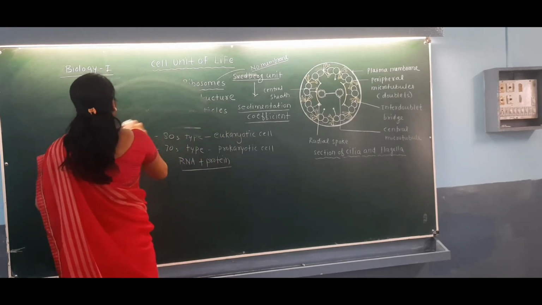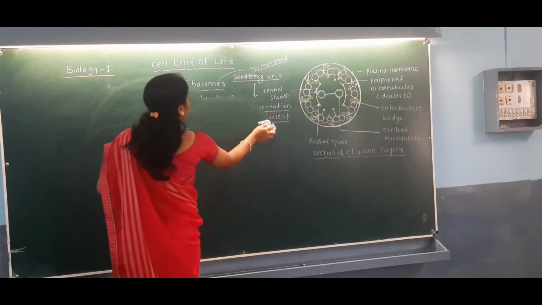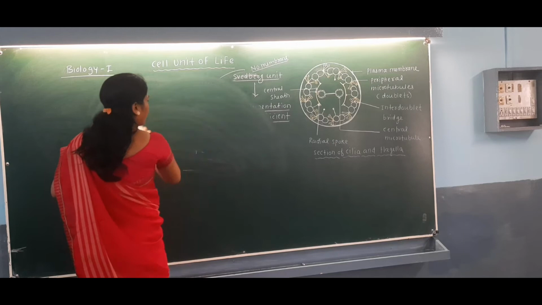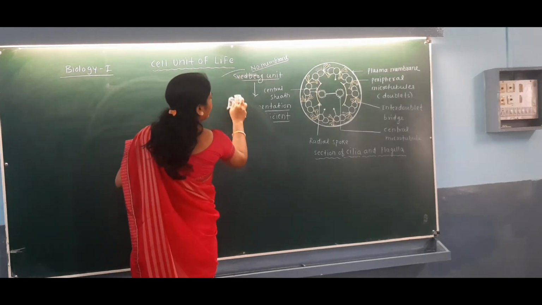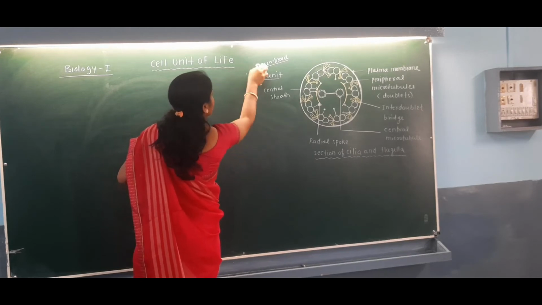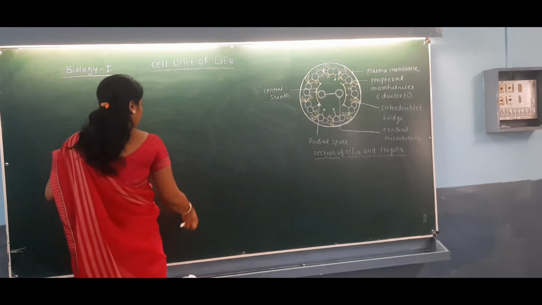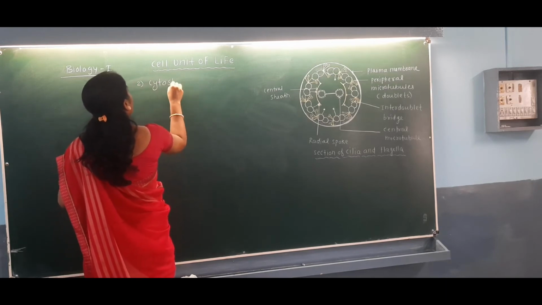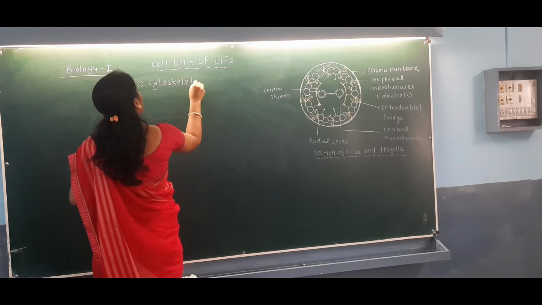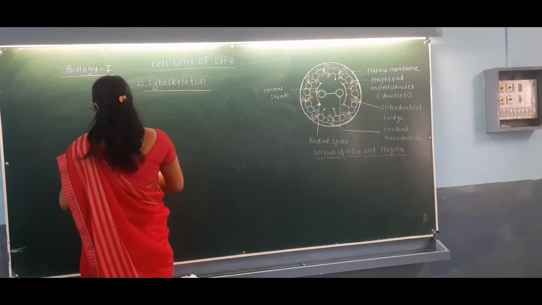Now next to ribosome, another cell organelle which is present particularly in the eukaryotic cell is called the cytoskeleton. So the second point is cytoskeleton.